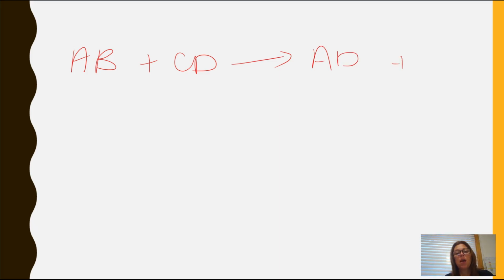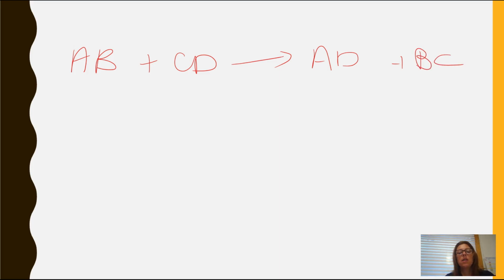So this can be shown in a chemical equation. For example, AB being our one set of reactants plus CD. And what's occurring is we are having a change. We're getting a new product. So AD plus BC.